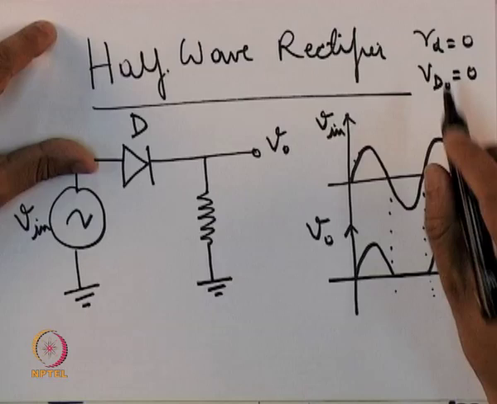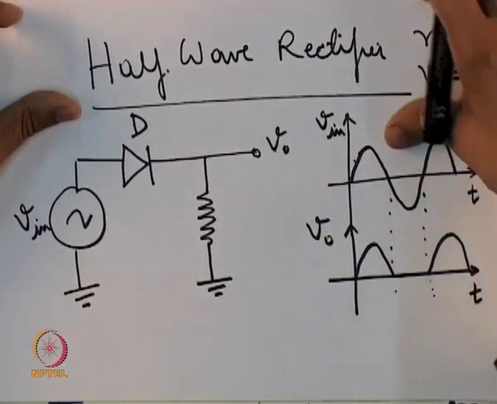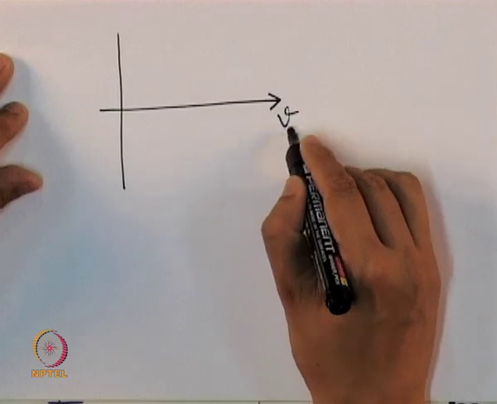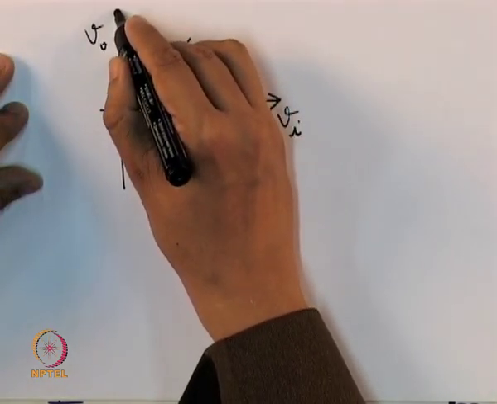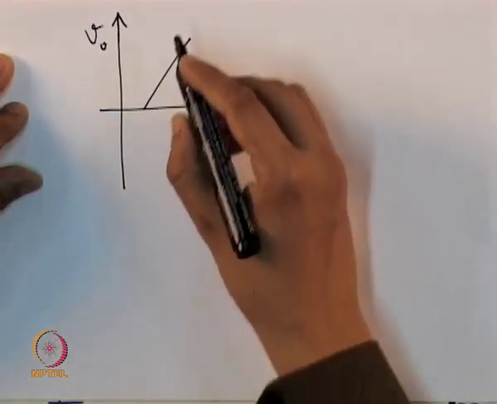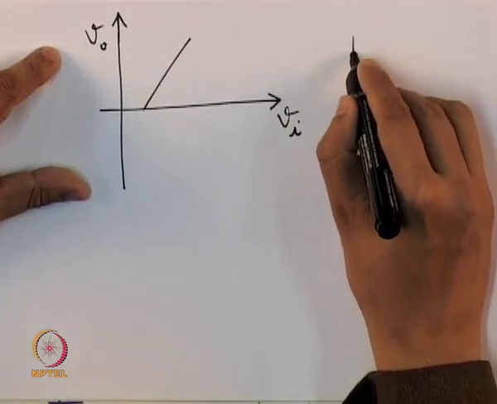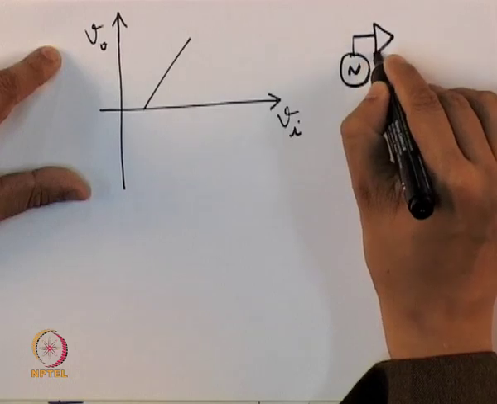But in real diodes, where we have a finite value of R d and V d 0, the V-I characteristics of such a diode will be of this form. The corresponding circuit is like this.